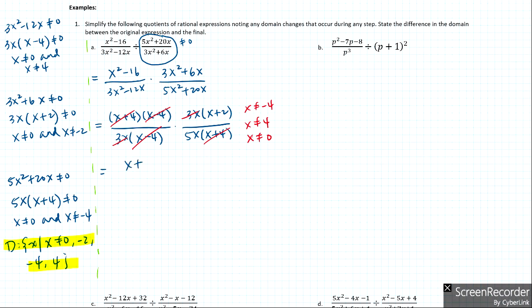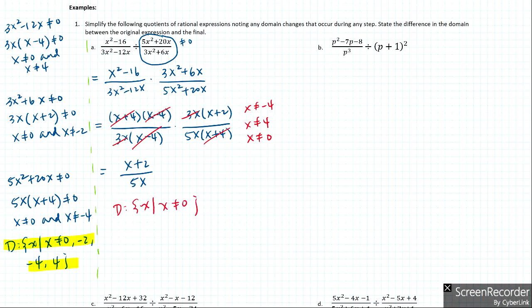We're left with x plus 2 all over 5x. So we can see in the final result, we are left with 5x alone in the denominator. So the domain restriction of the final part is just going to be x such that x doesn't equal 0 over here.